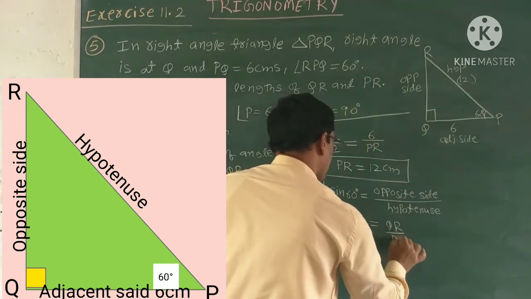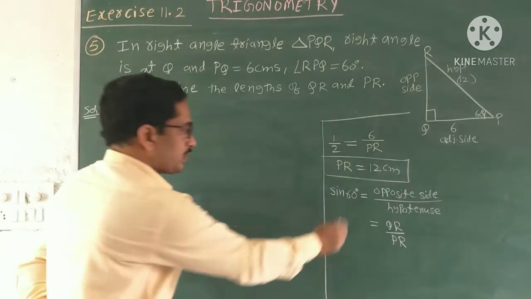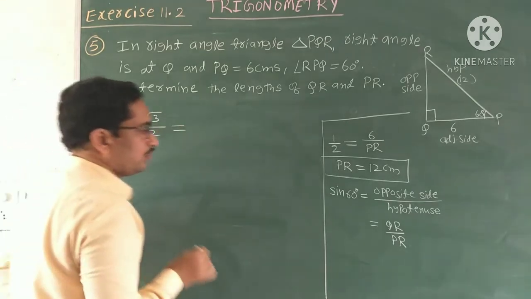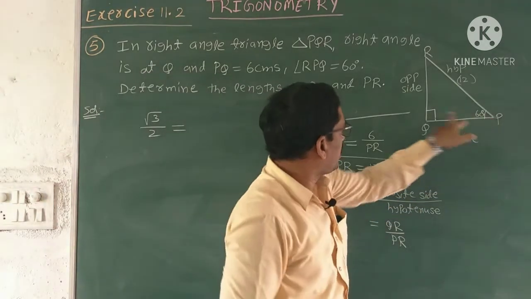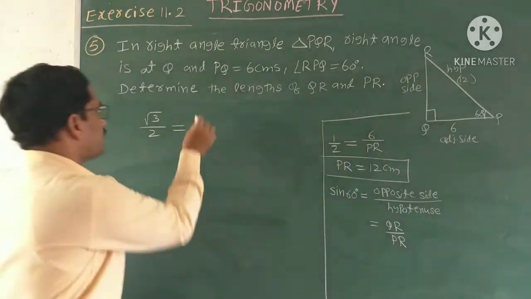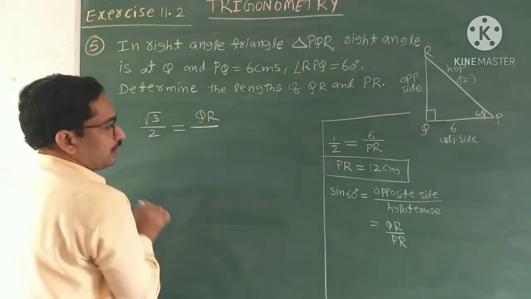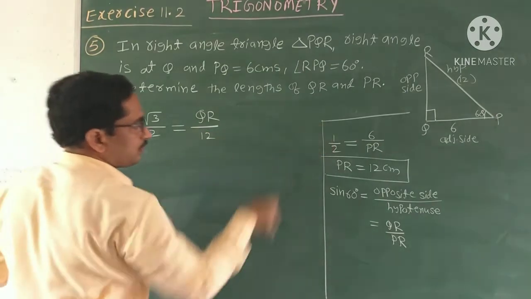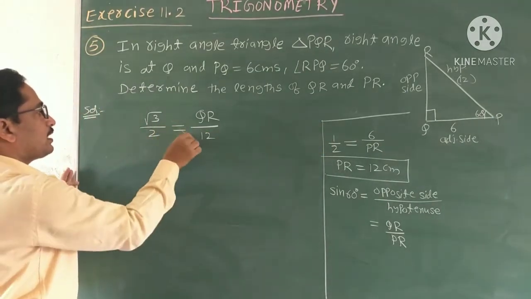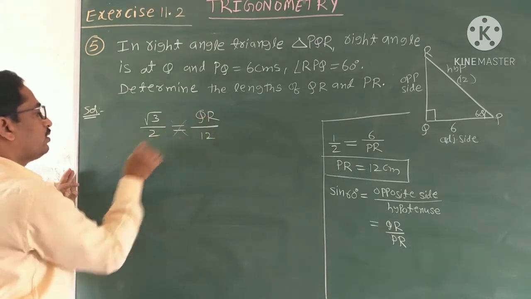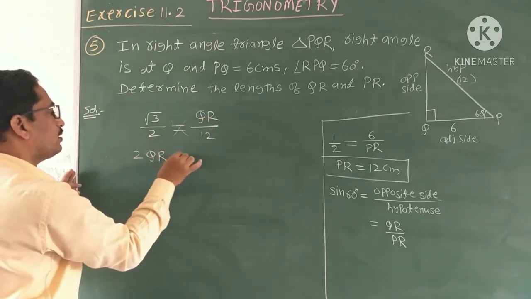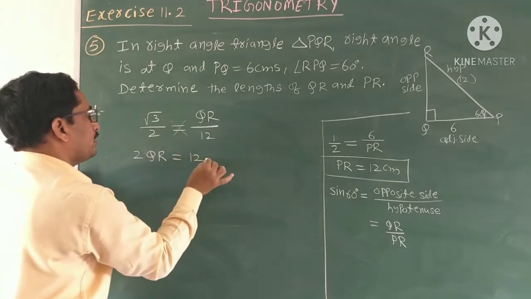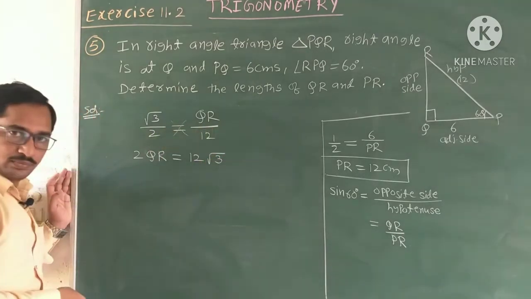QR by PR. Now substitute sine 60 value root 3 by 2 equal to QR. The length of QR, we have to find out opposite side QR by PR. PR value is given 12. Just now we calculated the PR value is 12. Now do cross multiplication. 2 into QR is QR equal to root 3 into 12 is written as like this, 12 into root 3.